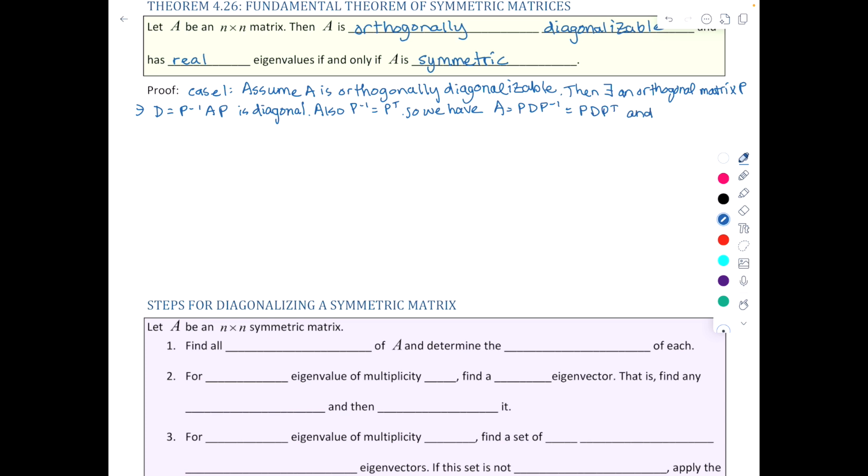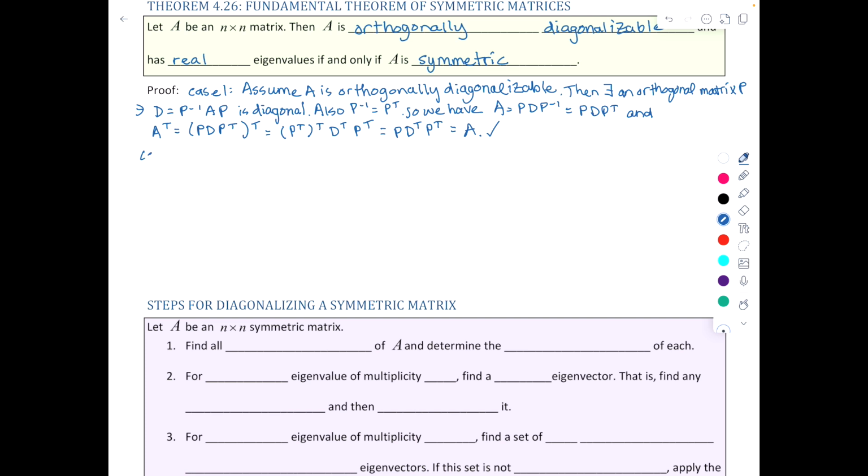And A transpose equals P times D times P transpose, transposed, which is equal to P transpose transpose times D transpose times P transpose, and that in turn is P times D transpose times P transpose, which equals A. So that's the first case.